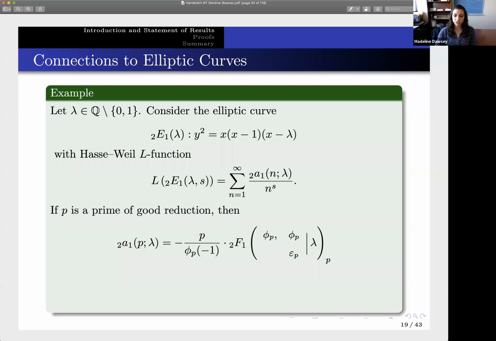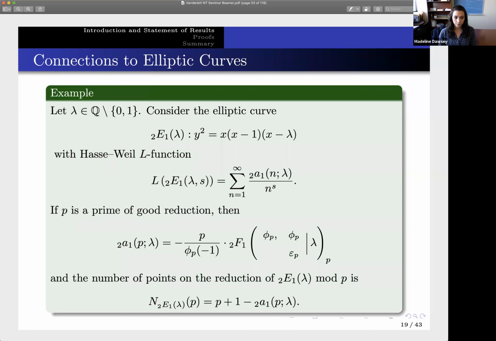in terms of a 2F1 finite field hypergeometric function evaluation. So it's evaluated at lambda. And so we also have a formula for counting the number of points on the reduction of this elliptic curve mod p. So the formula for the number of points is p plus 1 minus that coefficient.